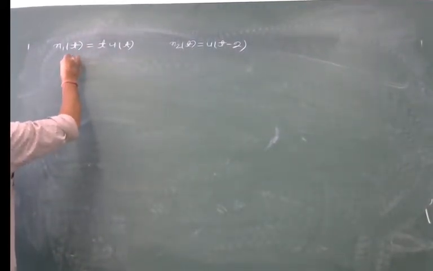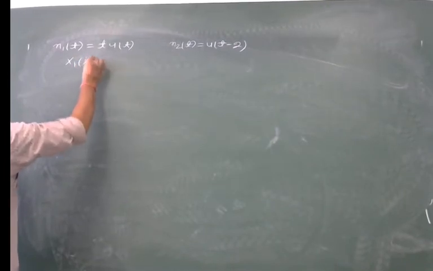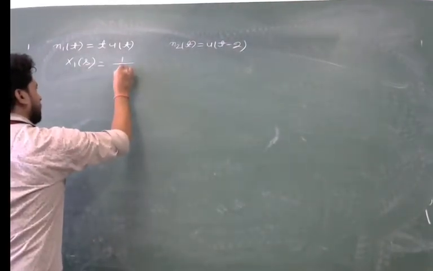So for that purpose, first we have to get X1 of s, the Laplace transform of t u(t), and this will be 1 upon s square.